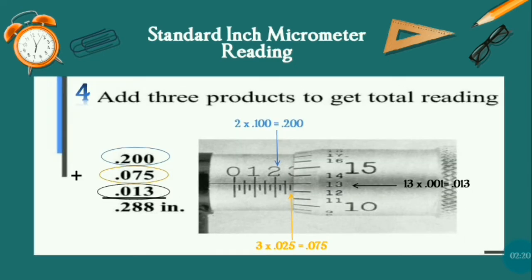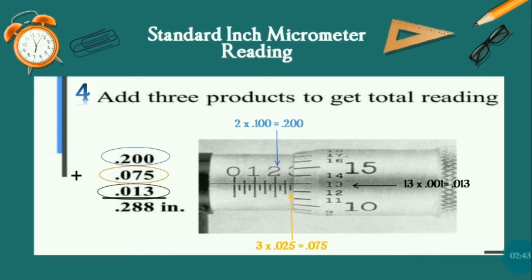Now we will add the 3 products to get the total reading. First, we see on the sleeve 0.200. Next, 0.075.